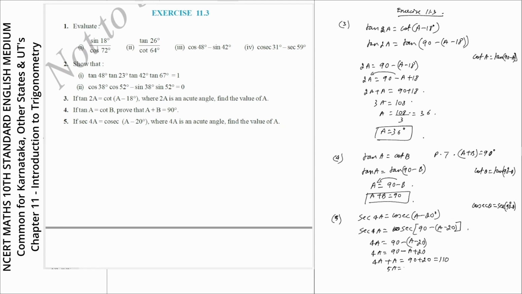So 5a is equal to 110. Therefore a is equal to 110 divided by 5. So how much will I get? 5 2s are 10, so 22 degree. So angle A is equal to 22 degree is the answer.